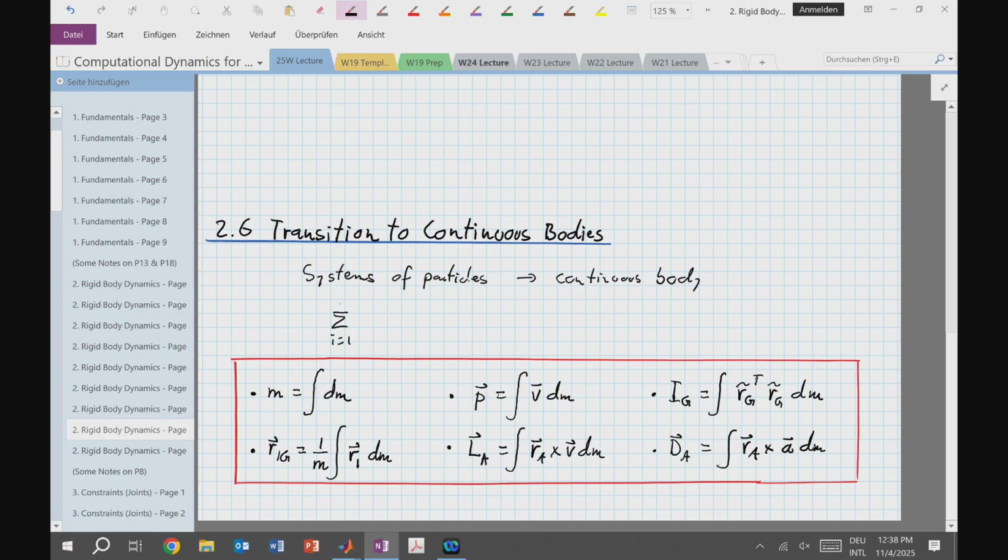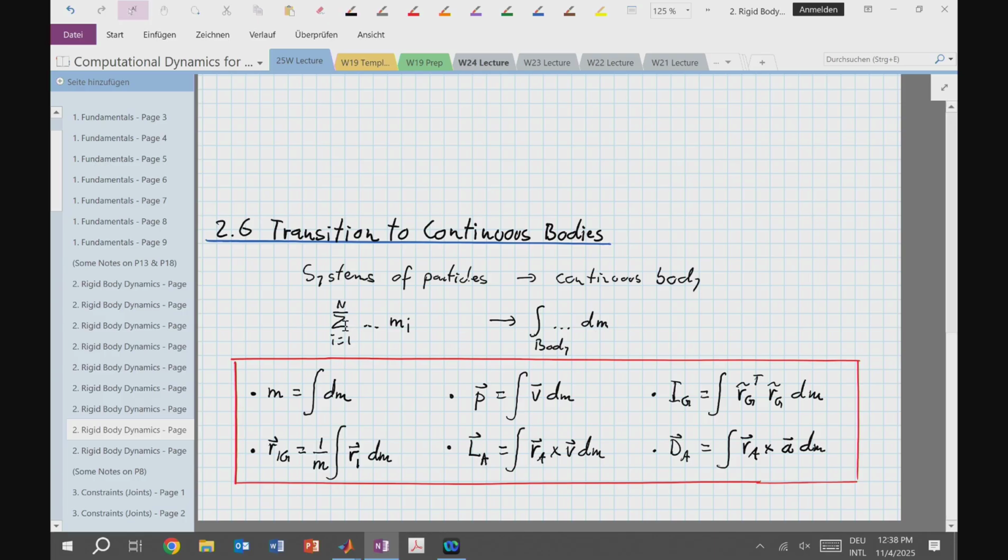What that means is that everything that we wrote as a sum over n particles, multiplied with the mass of the particle m_i, turns into an integral, which is nothing else than a sum over infinitely many particles. We just say we integrate over the body, so over all the particles that are part of the body. And because there are infinitely many, each of them has an infinitesimal mass, dm.